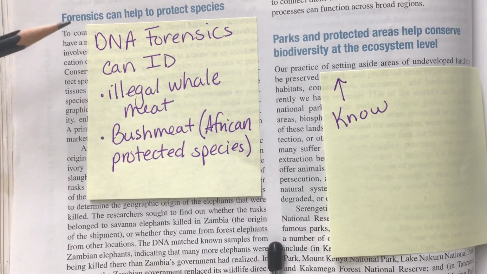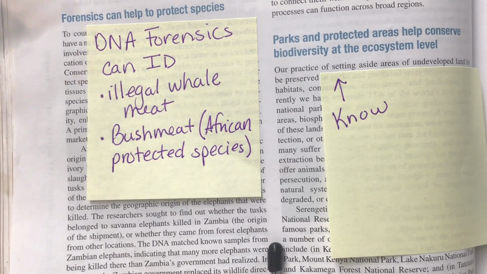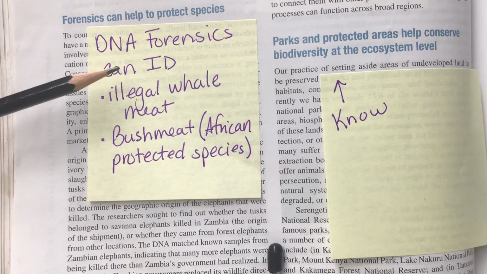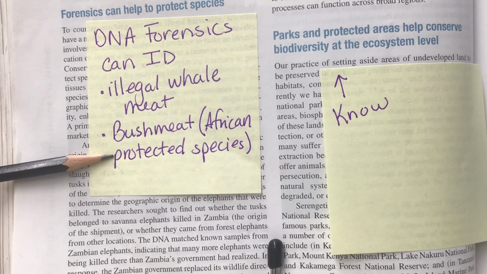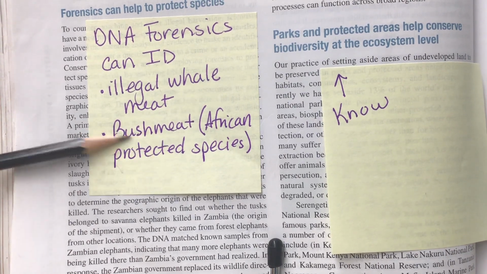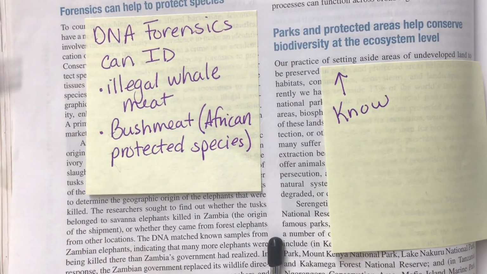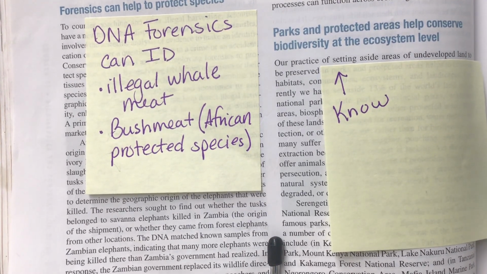They can take a sample of that and check the DNA and see, is it truly a fish or is it truly whale? They can check the DNA for African protected species and see if somebody's selling that meat instead of something that's legal to sell, like pig or cattle.